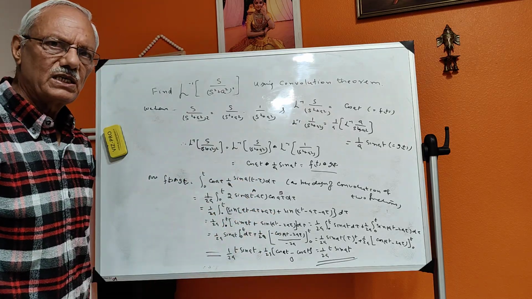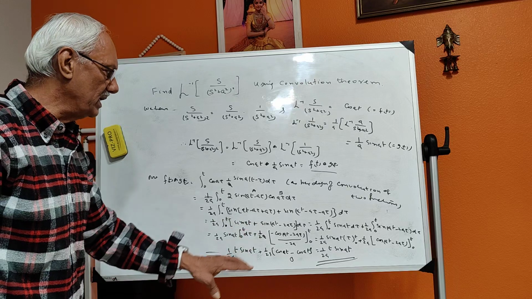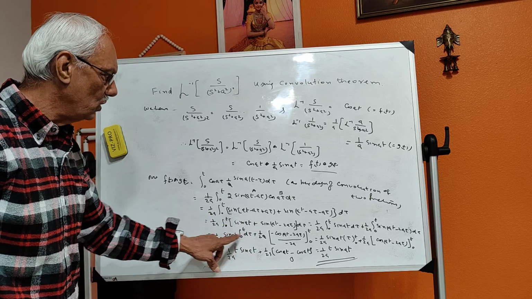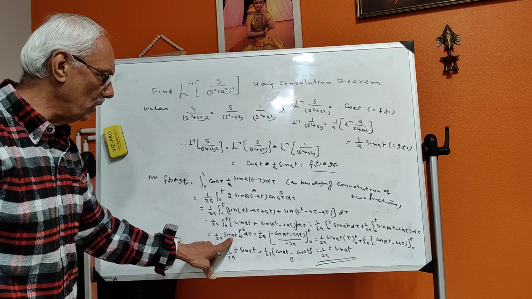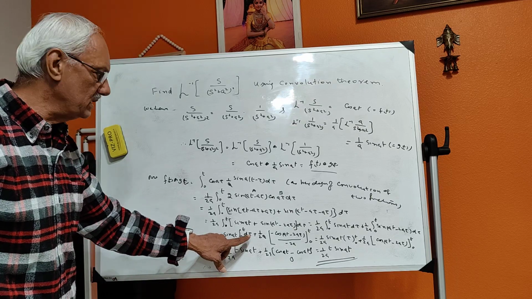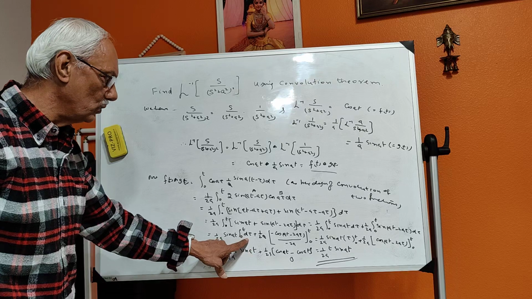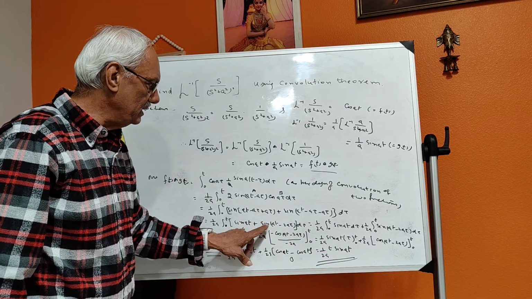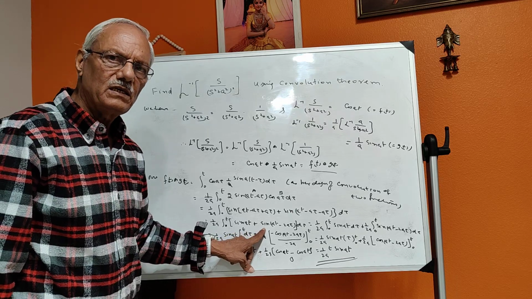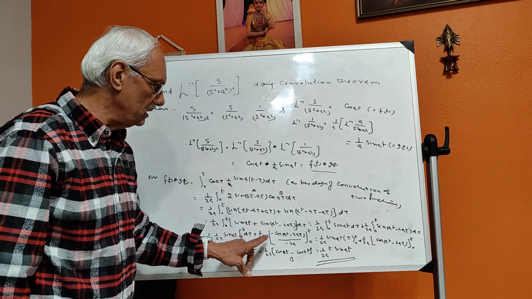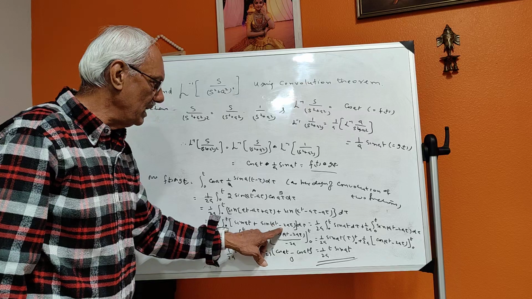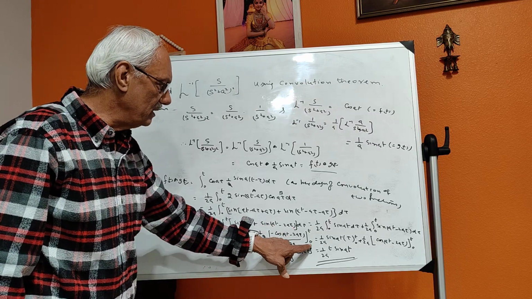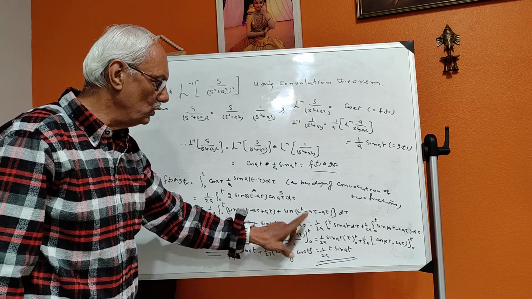I used that identity and simplified. After that you see that sin at is independent of tau, so it can be removed outside and we do the ordinary integration. This integration is simply tau, so I have written tau. And the integration of sin theta is minus cos theta, so it is minus cos(at minus 2a tau) divided by minus 2a. And limits are from 0 to t.